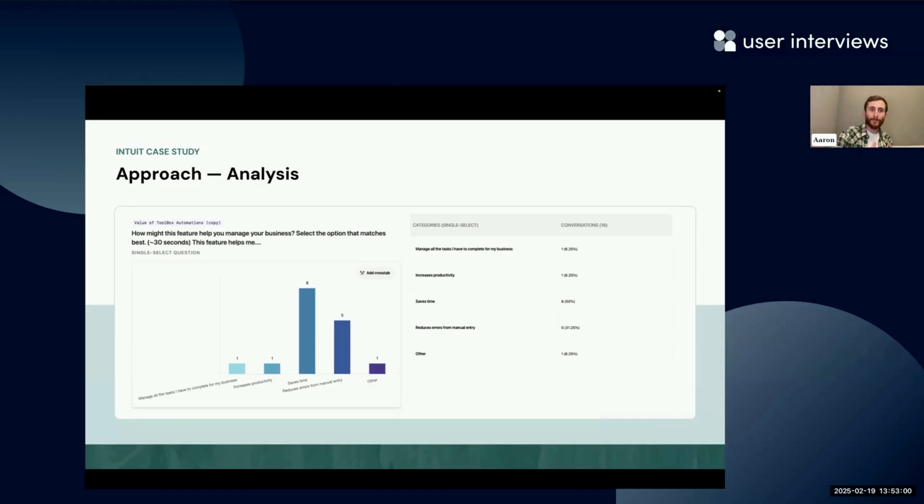I think the question about the data on the back end has some of the same approaches. We constrain it, meaning in this case it's about answering just a very narrow question, right? How might this feature help your business? And then it's either generating categories or using your categories and tagging responses. It's like giving ChatGPT a quote from a user and asking, does this better fit into category A or category B? It's pretty good.